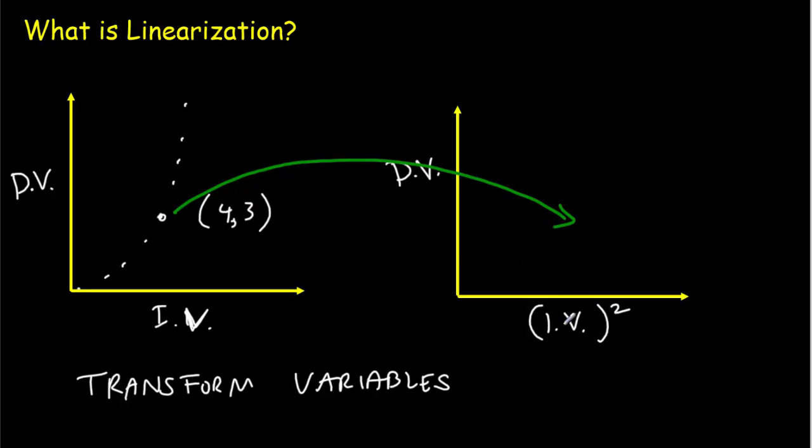And if our transformation is that we're squaring our independent variable, that would mean that value of 4 would be squared, and we'd plot the point 4 squared and 3. And we'd do that for all of our data points. And if we've properly linearized, we should get a straight line. So we call it linearization because we're transforming our data to get a straight line.